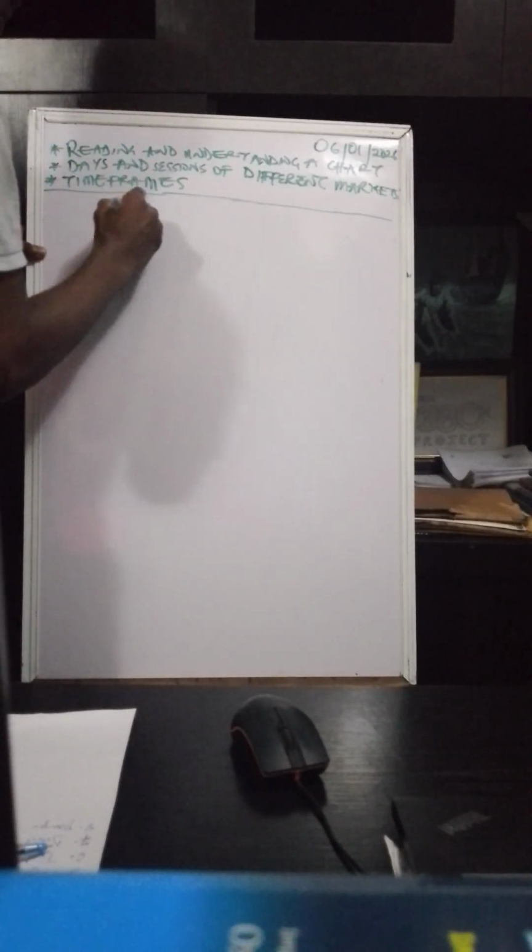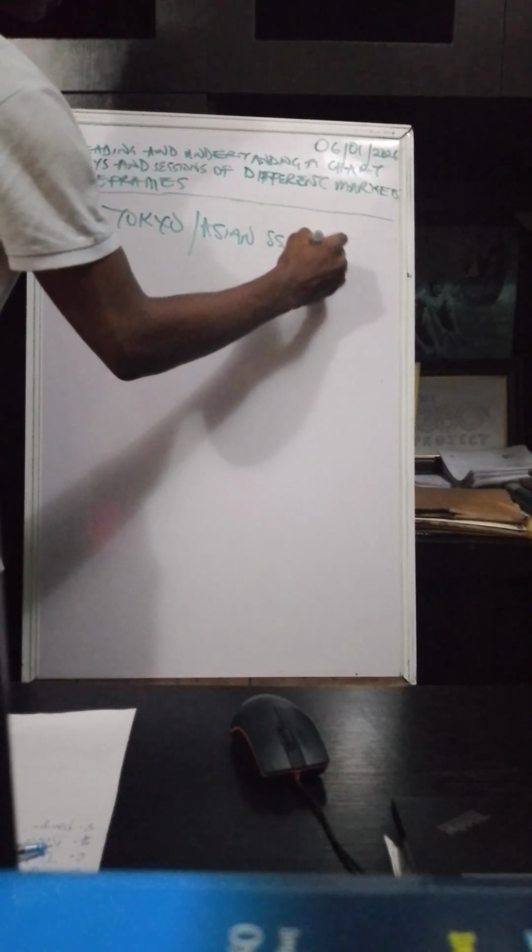So with that out of the window, let's go on to the second, the penultimate lowest volatility, and that is what? The Tokyo or Asian session. I will give you a note that you should notice.